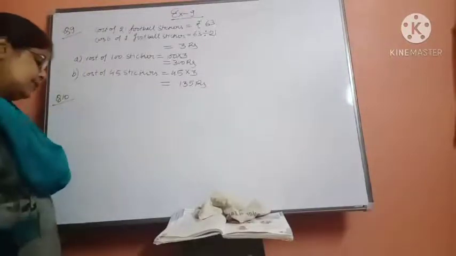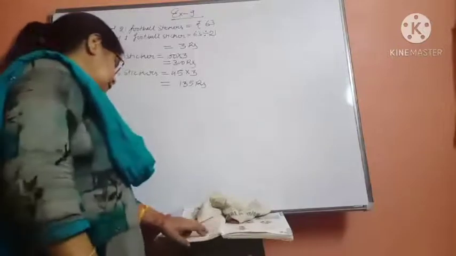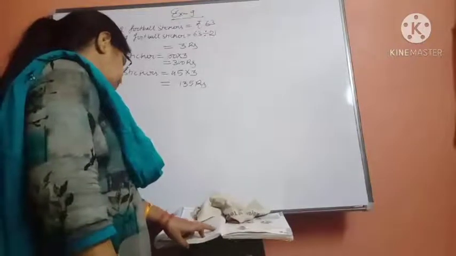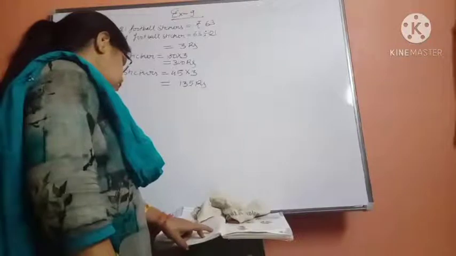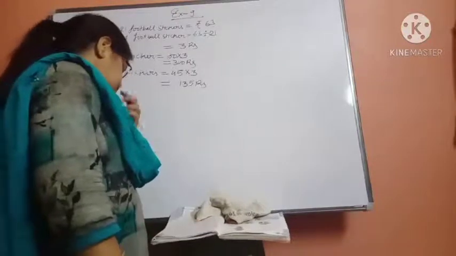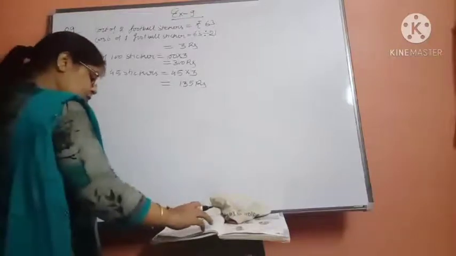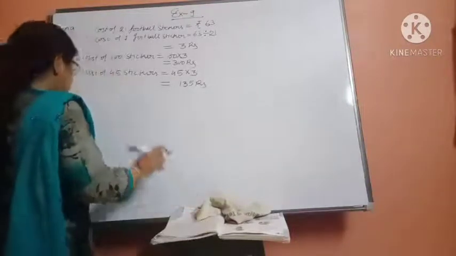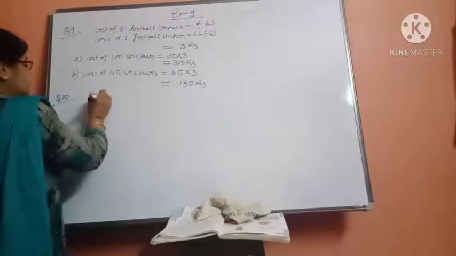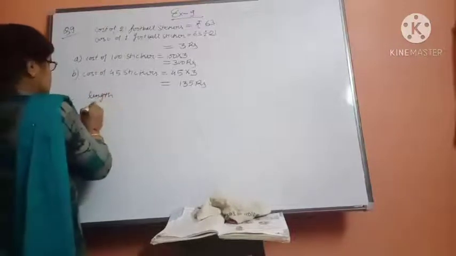Now see question number 10. A 20-meter length of rope costs rupees 250. Calculate the cost of 12 meters of rope. See how you will do this. In this way you can do length and cost.